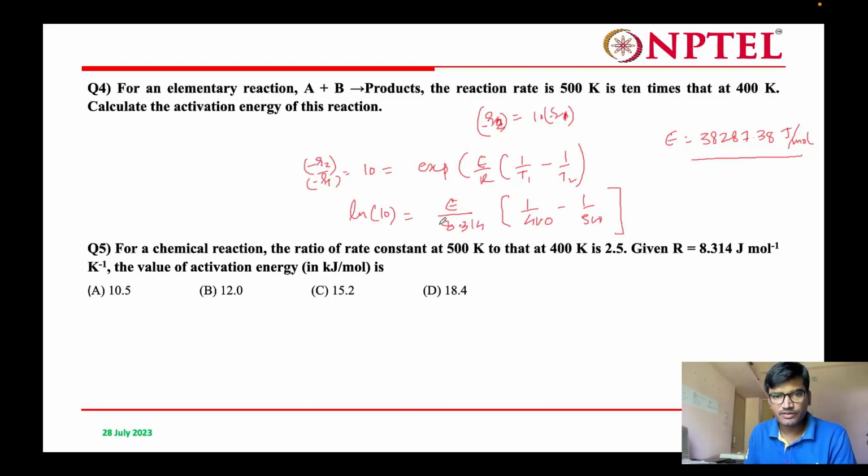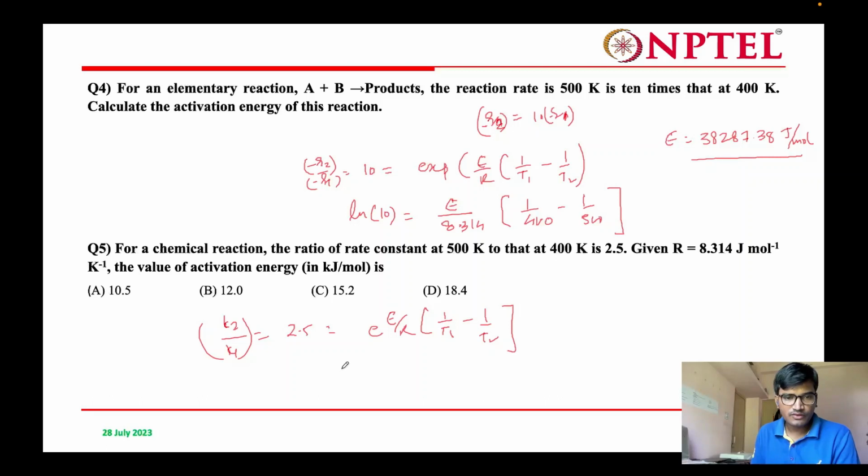This question is similar to the previous one. Here the rate constant ratio is given, 2.5, so using 1 by T1 minus 1 by T2, right, E is equal to about 15 kilojoule. Option C is right.